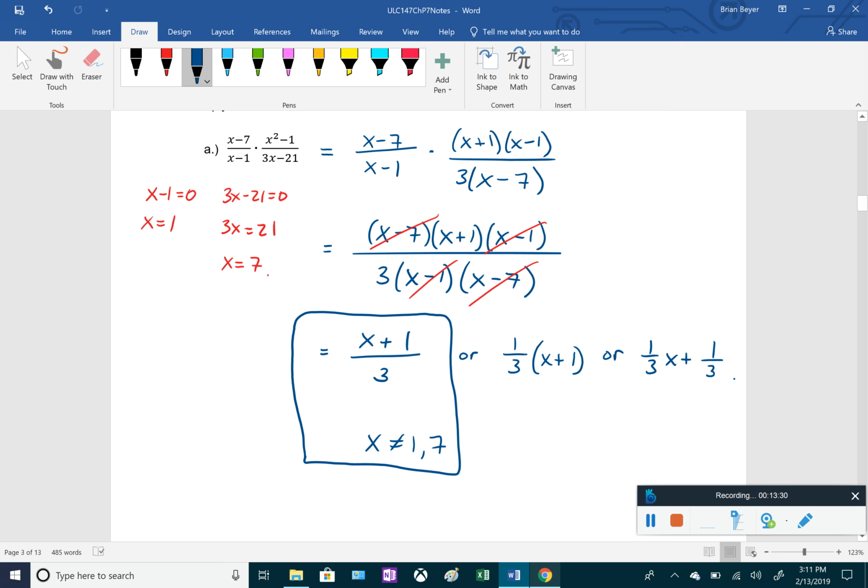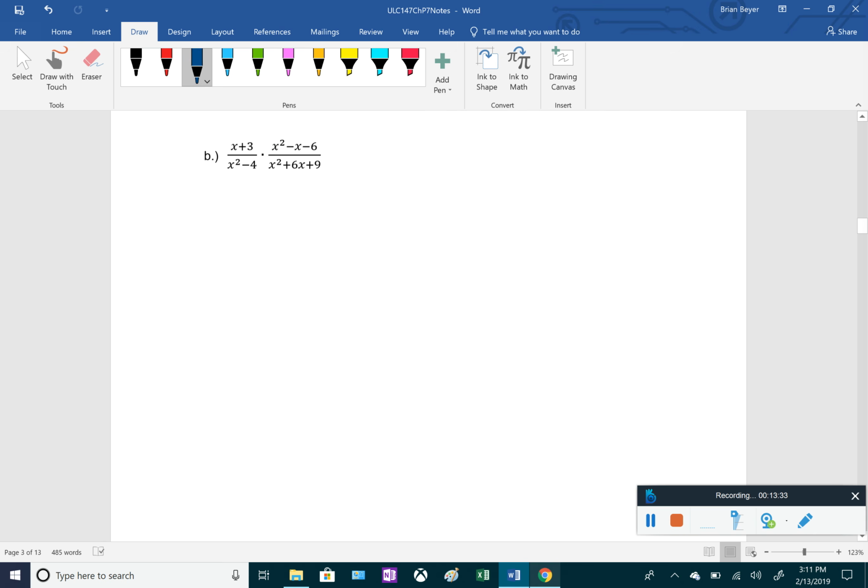Okay, and for the next one, (x plus 3)/(x squared minus 4) times (x squared minus x minus 6)/(x squared plus 6x plus 9). So before you panic and quit, factor everything, because I know it looks messy and pretty difficult, but once you factor everything, it gets a little bit easier. x plus 3 you can't factor, but you can factor x squared minus 4 as (x plus 2)(x minus 2).